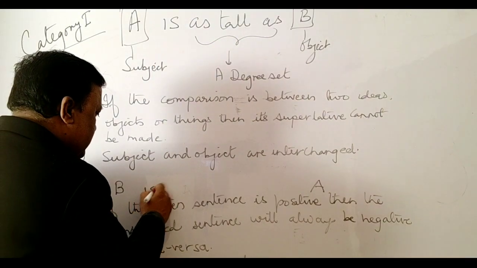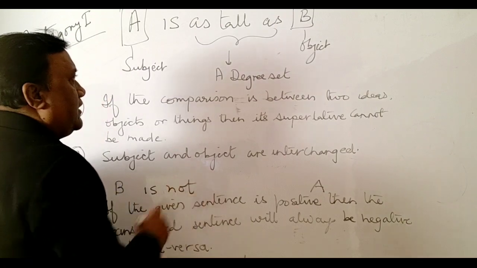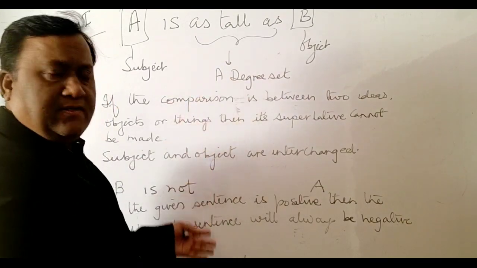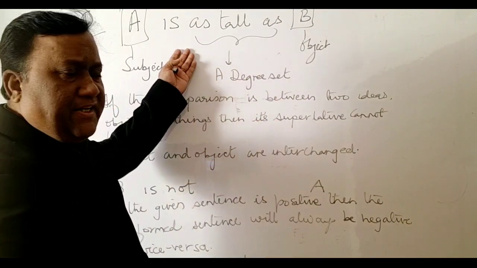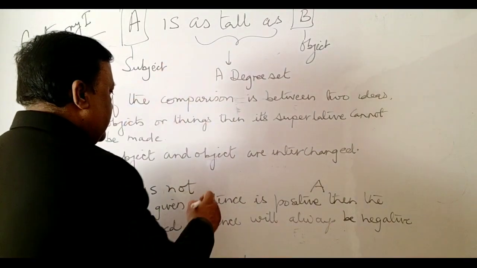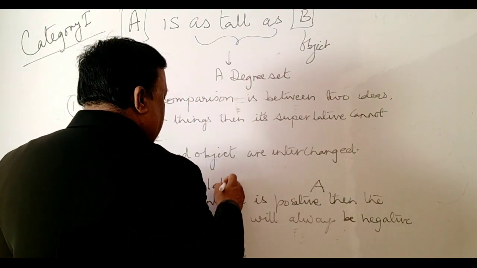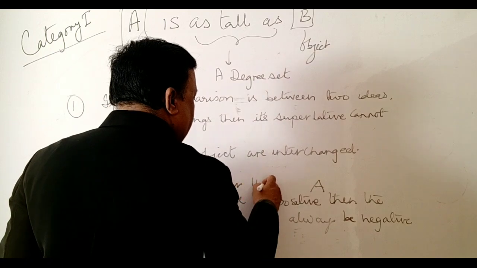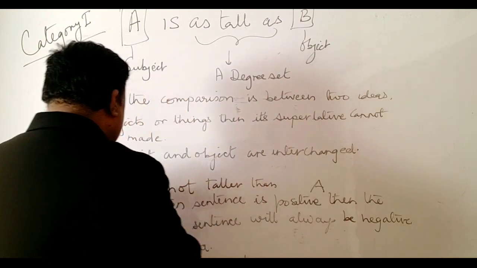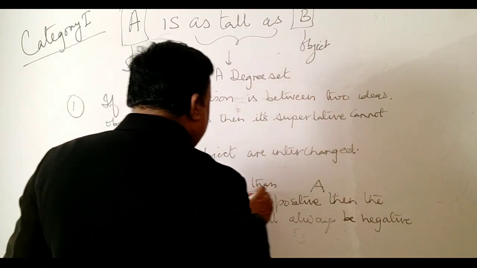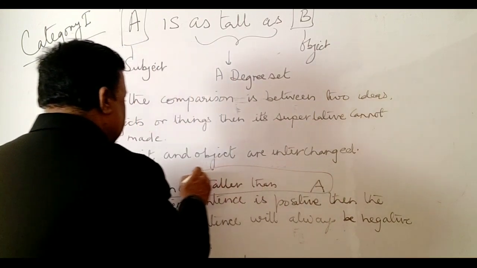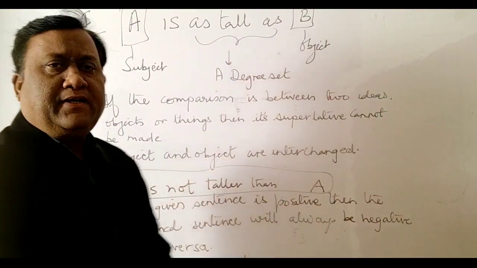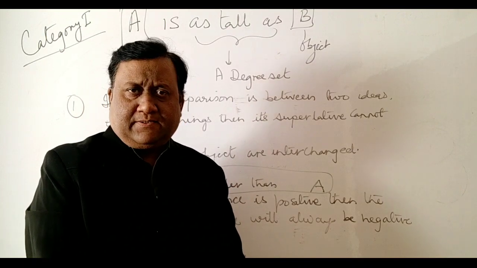So we change this to not. And as per the last rule, we change the degree of this. So it becomes not taller than A. So this is the transformed sentence as per the degree of comparison.